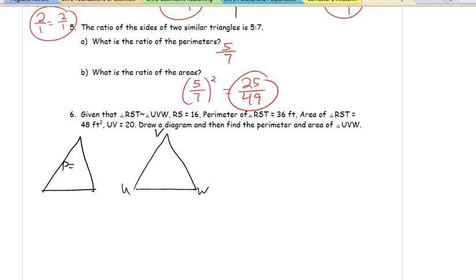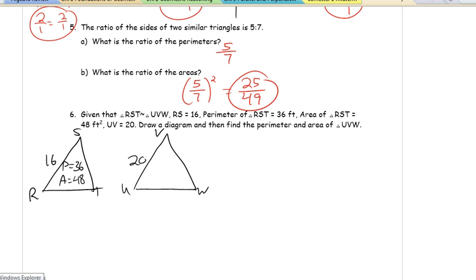So we have perimeter, area. This was RST. 16. Perimeter is 36. Area is 48. UV is 20. Draw a diagram and then find the perimeter and area of UVW.